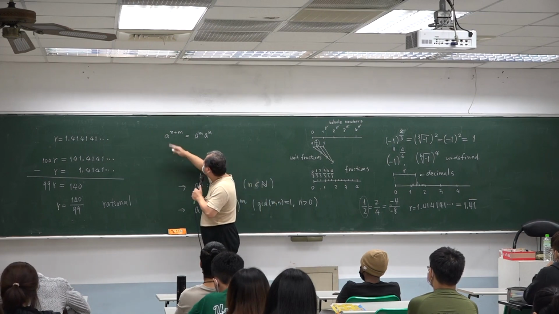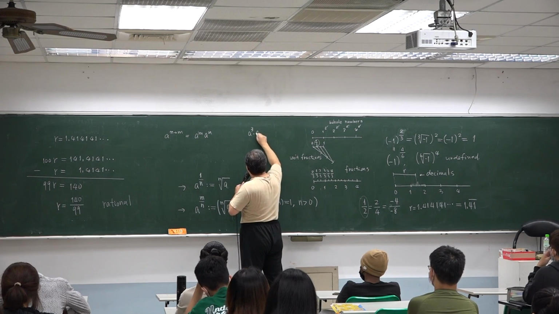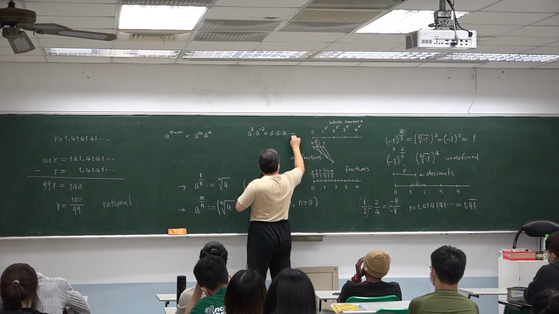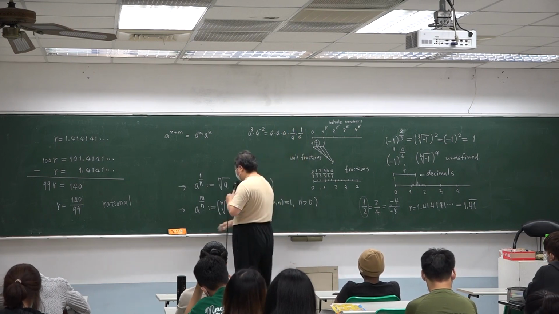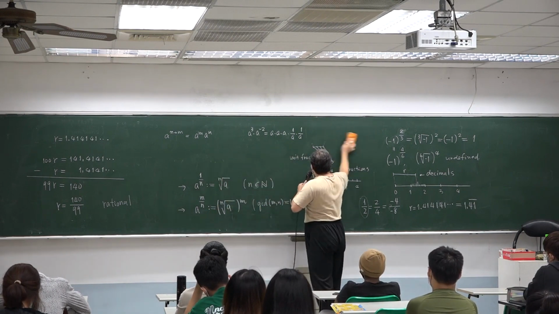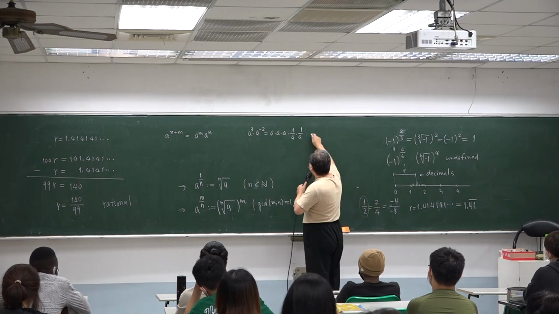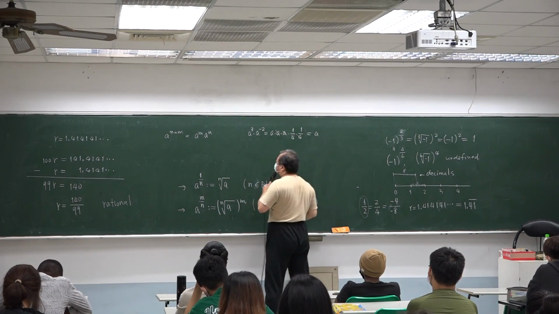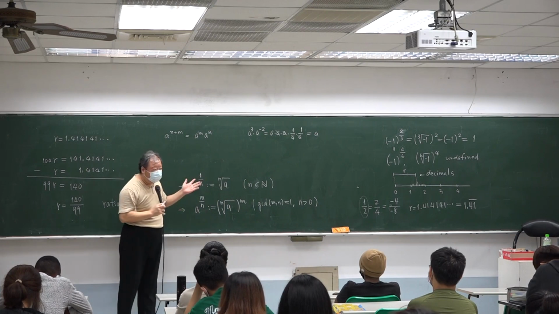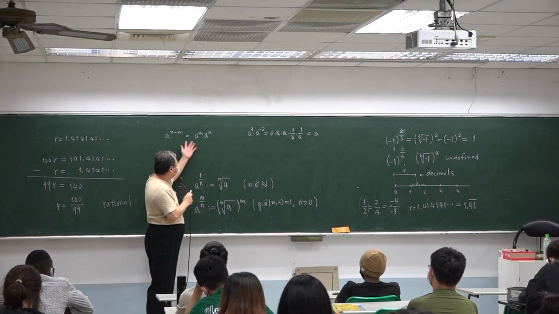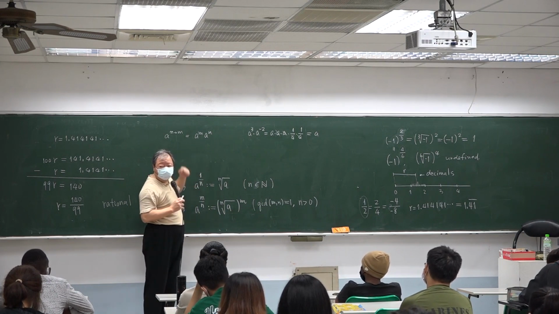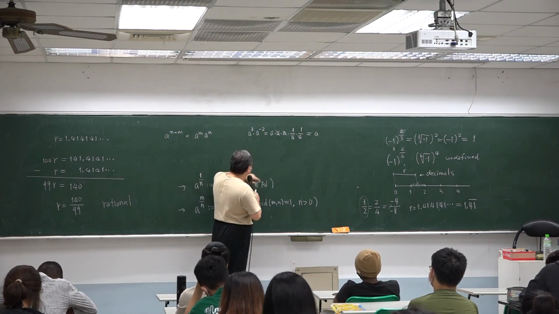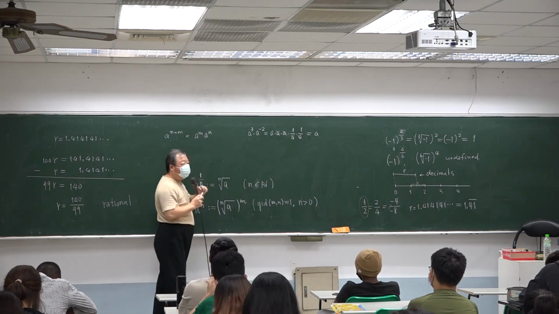Even if n is maybe, they cancel. So when m and n are integers, this relation is still valid. It is still true. Of course, if the exponent is a negative integer, we assume the base is non-zero.